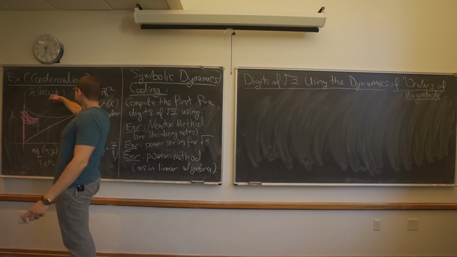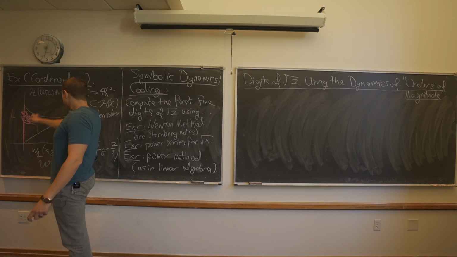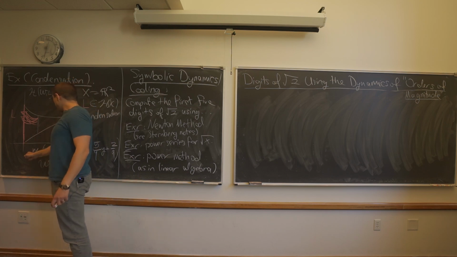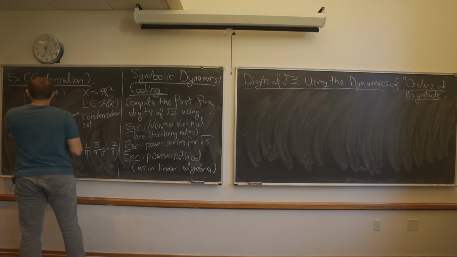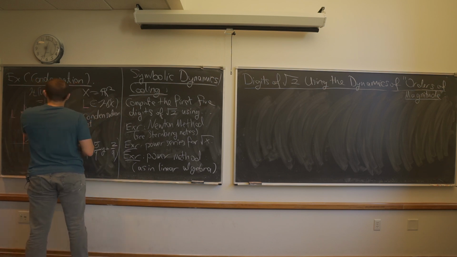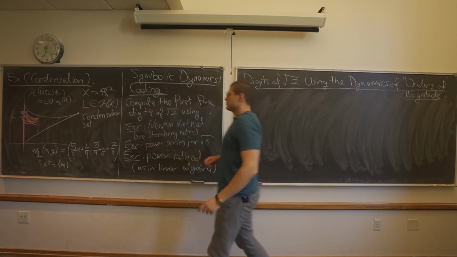So you feed to it some compact subset, take that subset, apply W1 to it, and then take the union of that set with L. So L union this. Okay.